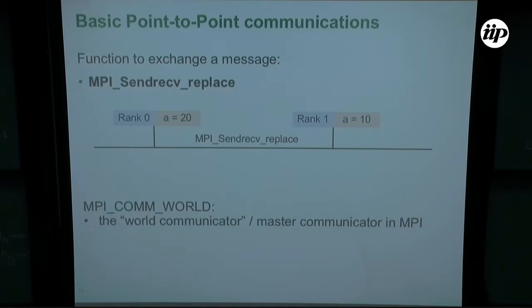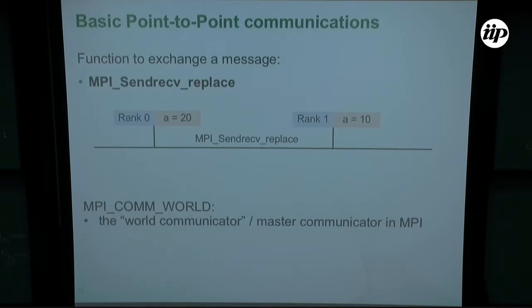Okay, so I have already talked about MPI com world. This stands for the world communicator, or the initial communicator established by your MPI program. If you realize that we haven't done anything, it is actually a communicator defined by MPI by default.